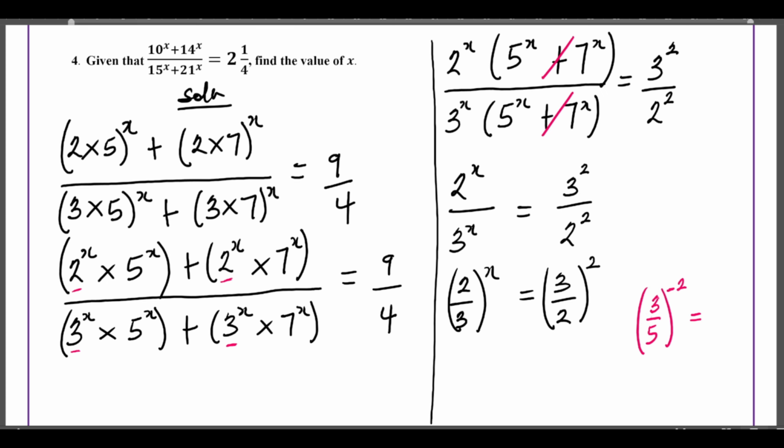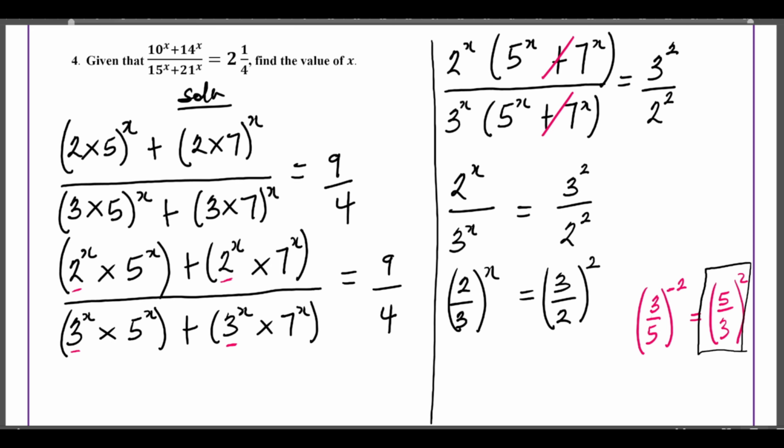We need to reciprocate the fraction. So 3 on 5 becomes 5 on 3, and the index becomes what? Positive. So this is one property of indices. If you want to change the sign of the index, then you need to reciprocate the base.